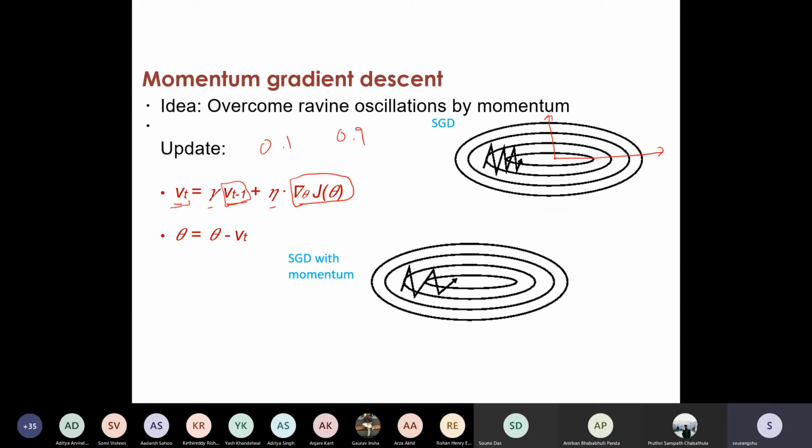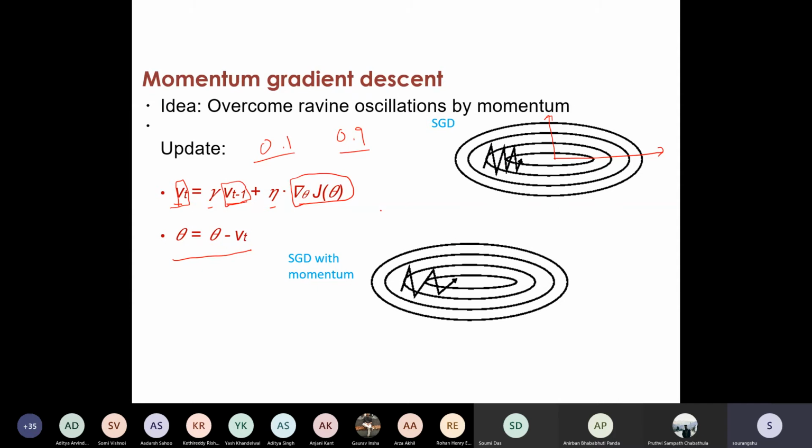Your new update direction is going to be something like 10% of the past update direction and 90% of the new update direction. And then you perform the actual update. And then what will happen? On the X direction, it is consistently moving to the right, whereas on the Y direction, it is oscillating.